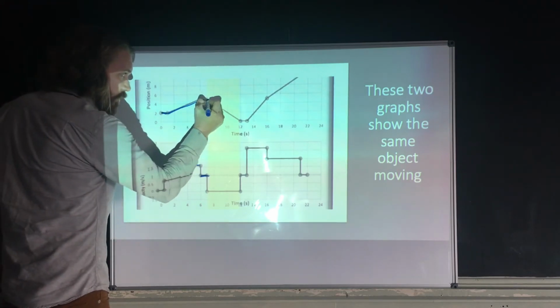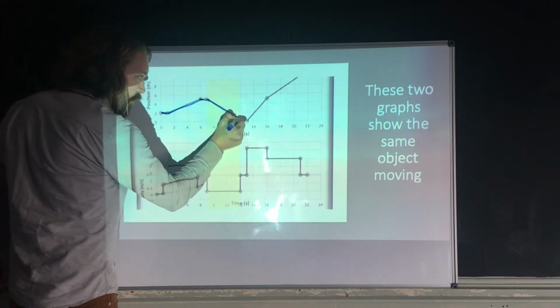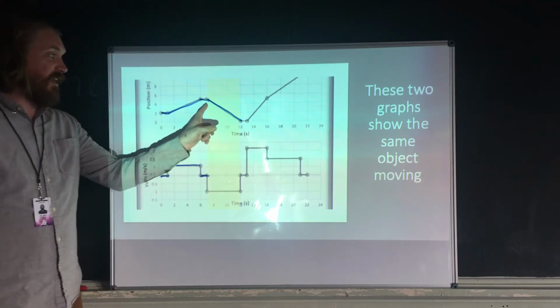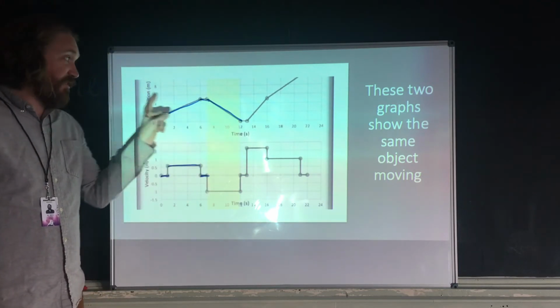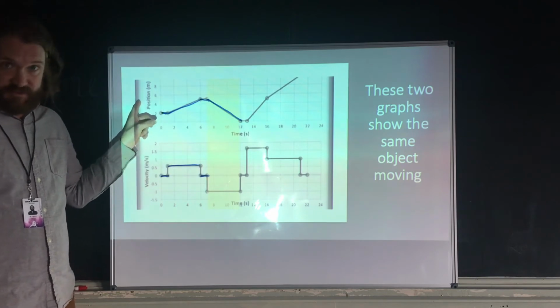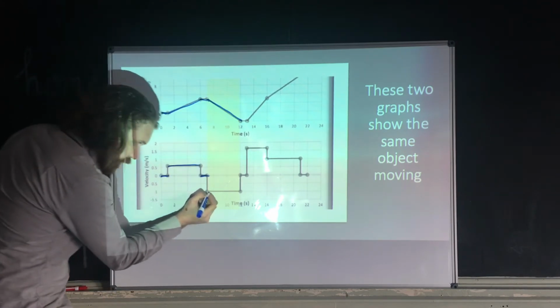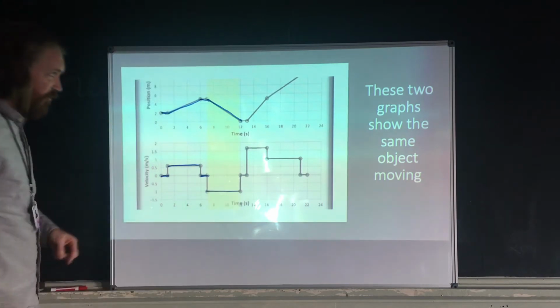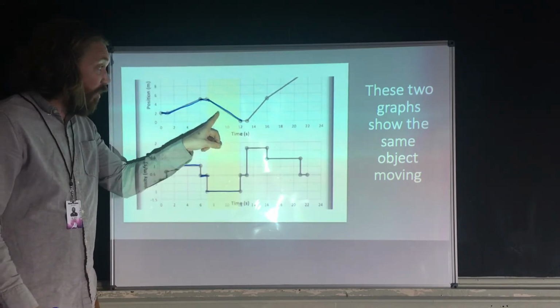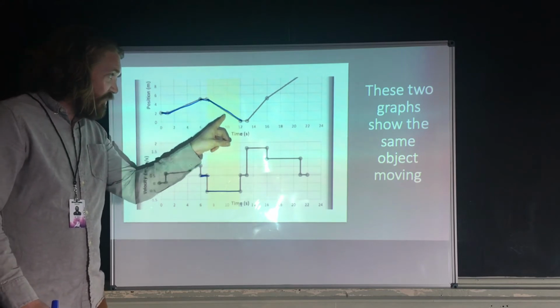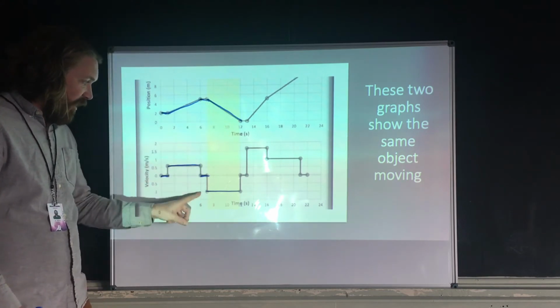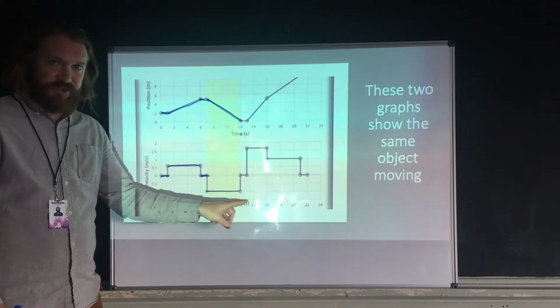Now here, our line is moving down. That means that we have a negative slope, which means we have a negative velocity. So in our velocity graph, there's 0, and we're going to have a velocity below 0. But notice, all these lines are straight, which means that all of these velocities are constant, which is why we have these nice straight lines here.